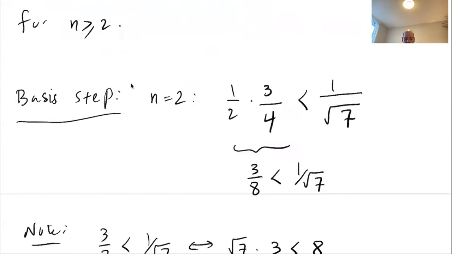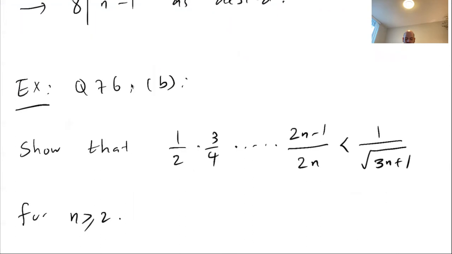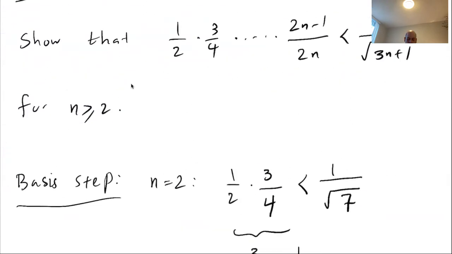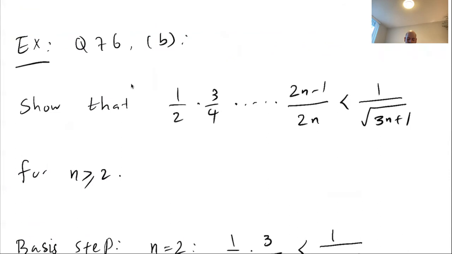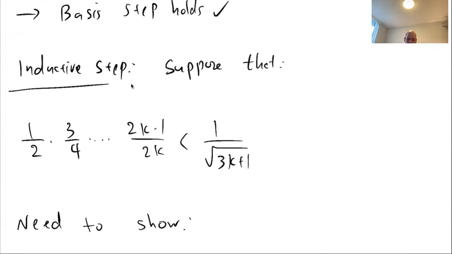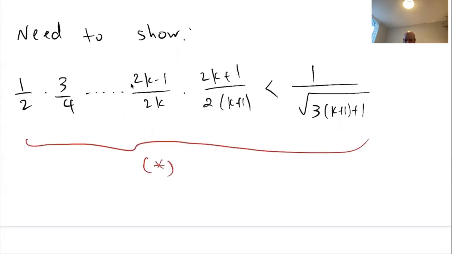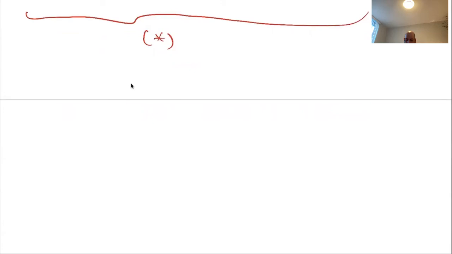If n equals k plus 1, the last term is going to be 2k plus 1 over 2 times k plus 1, and the right-hand side is going to be root of 3 times k plus 1 plus 1. So let's simplify this a little. Let me first call this one star.